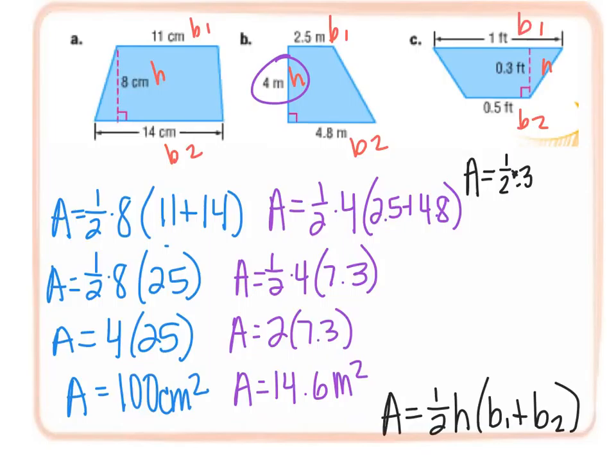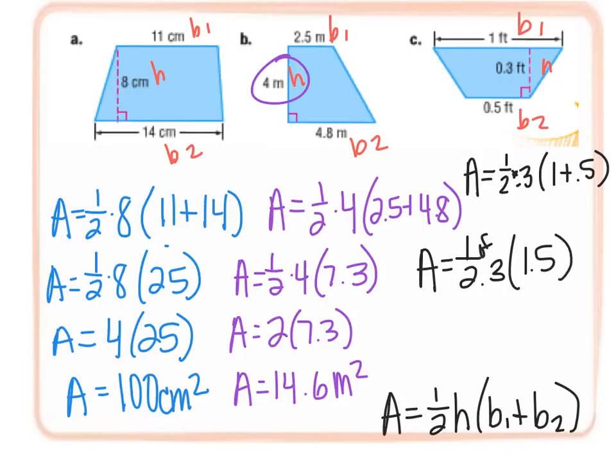Okay, so half of 0.3, and then I need to add 1 plus 0.5. Then my next step, A equals half of 0.3. Half of 0.3, add those together, 1.5.